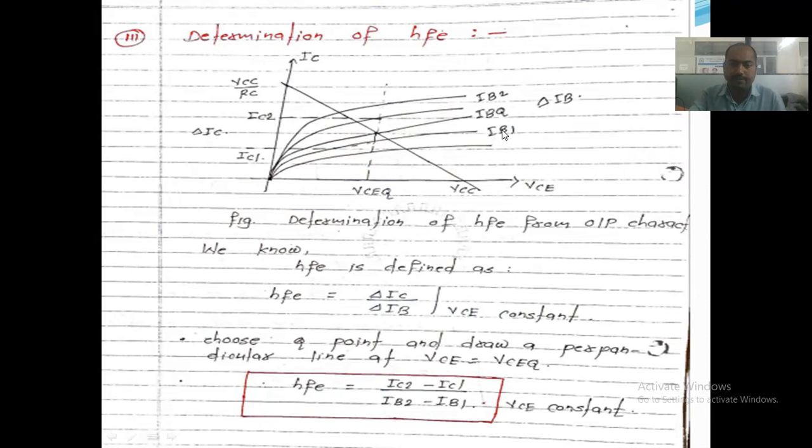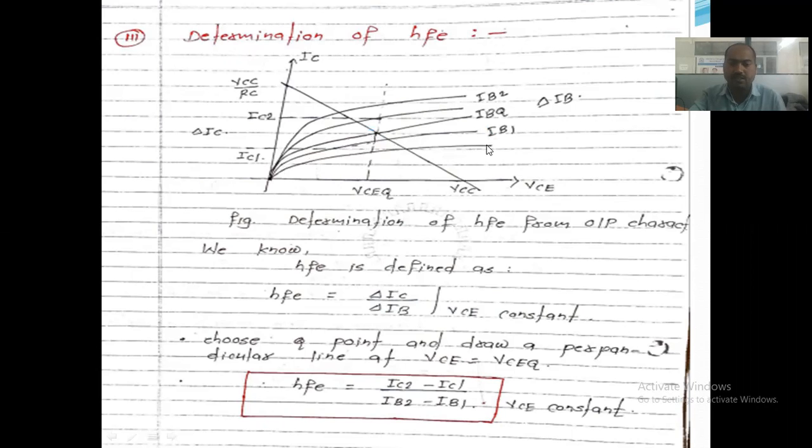For IB1, consider the value as 5 milliampere. This 5 milliampere current is taken as a constant, and we vary the value of VC and plot the value of IC. So we get the plot in this way.